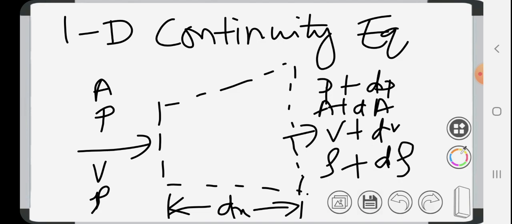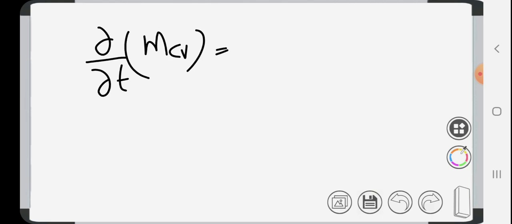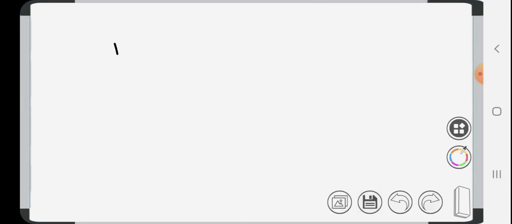Now we have the equation dou by dou t of mCV equal to m dot in minus m dot out, right? How can we define mCV? Mass of the fluid within the control volume. How can we define mass?